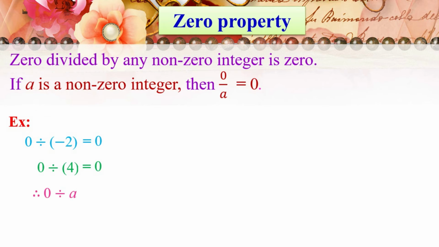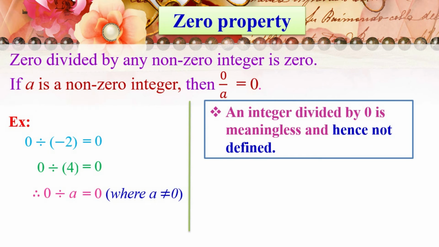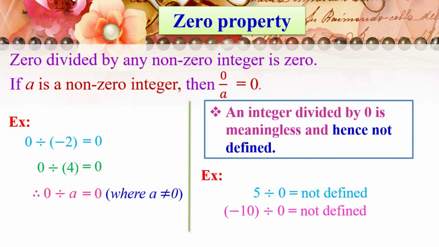Therefore, 0 divided by a is equal to 0 only, where a is not equal to 0. And an integer divided by 0 is meaningless and hence not defined. Let's see the example. 5 divided by 0 is not defined. Another example. Minus 10 divided by 0 is not defined.